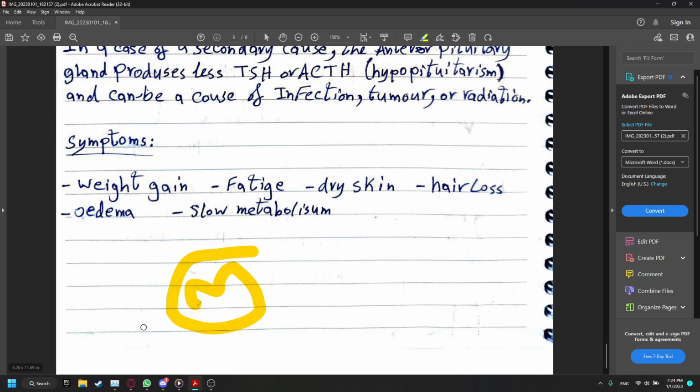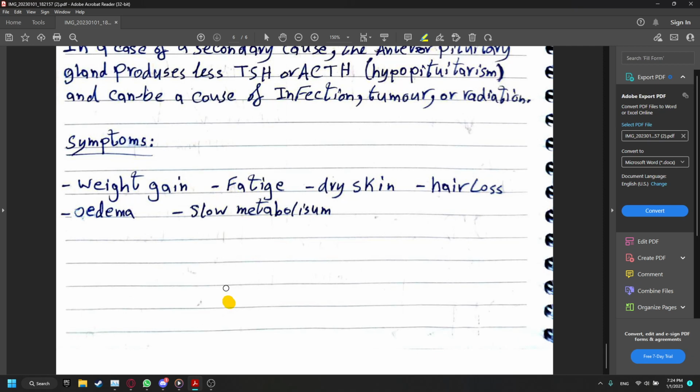Glucose just goes up and up, creating hyperglycemia, and it could even develop into diabetes mellitus in the long run.